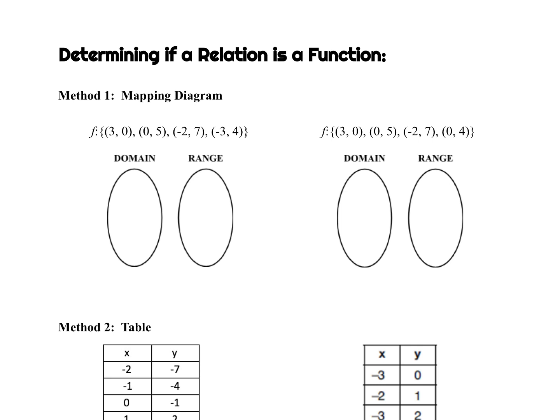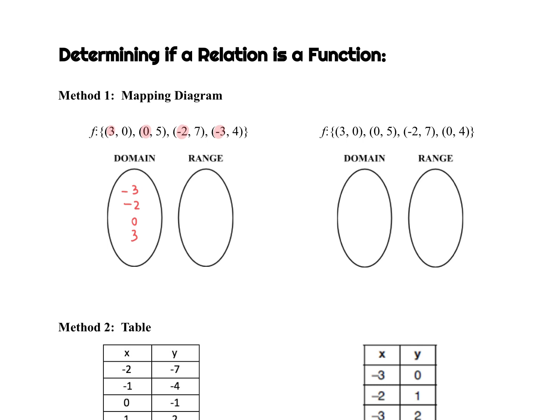One method is called a mapping diagram. The first thing you do with a mapping diagram is you have to set up your domains and range. So as I stated, your domain is your input. Those are going to be your x values. So 3, 0, -2, -3. When we put them into the mapping diagram, we try to put them in order from top to bottom. So it's not crucial, but -3, -2, 0, 3.